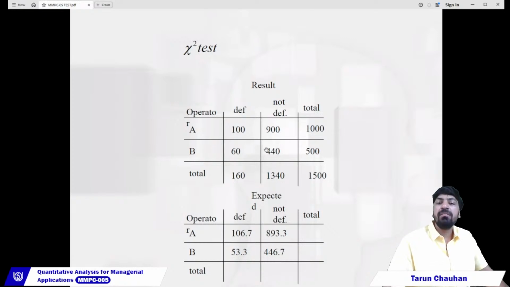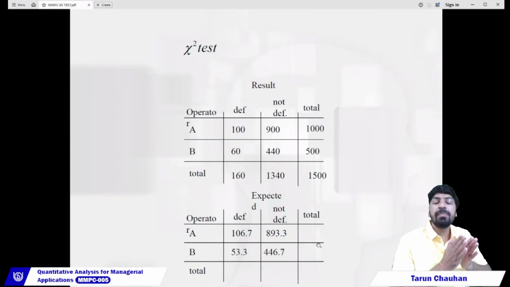What is O here? 440. What is E here? 446.7. Whole square by expected frequency, that is 446.7.